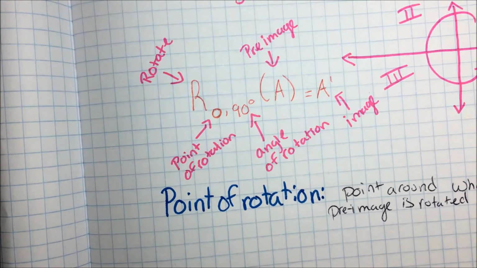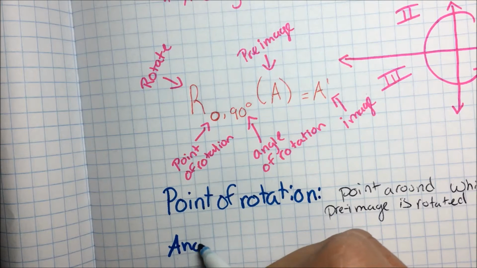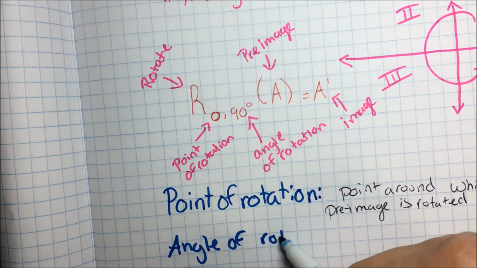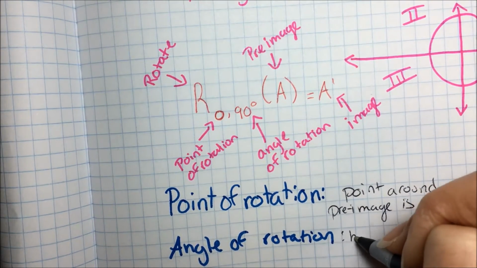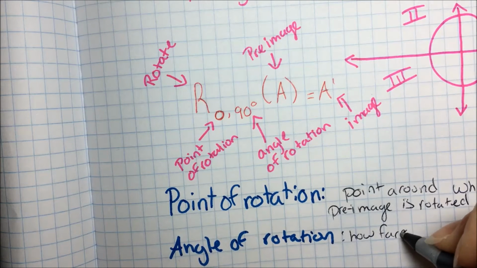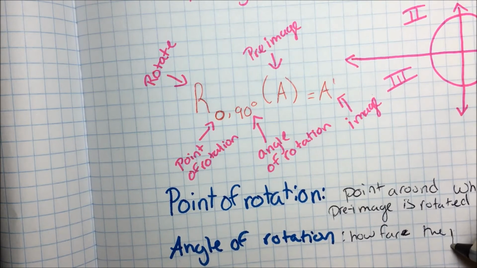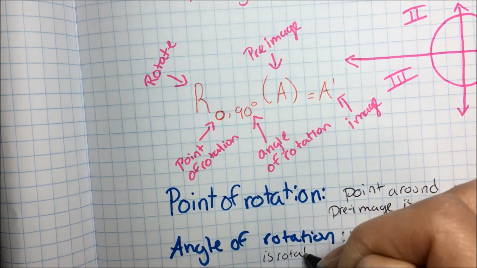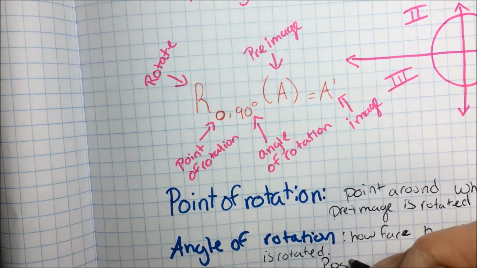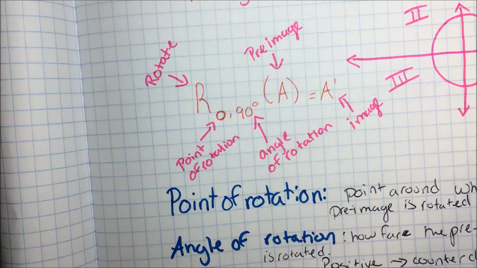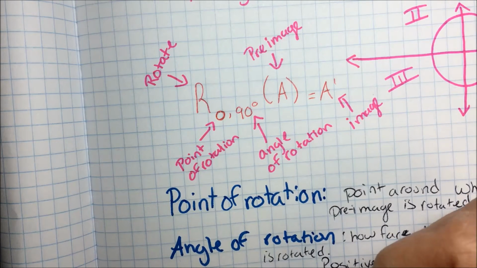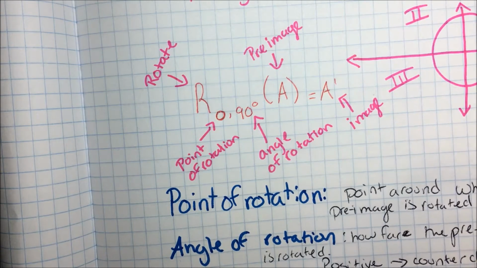The angle of rotation is how far the pre-image is rotated. Positive is counterclockwise. Negative is clockwise.